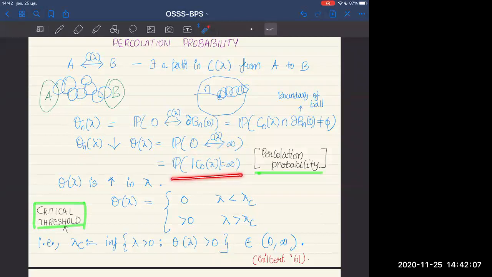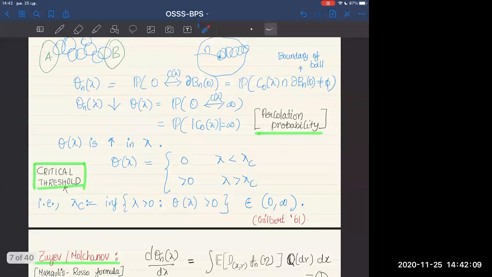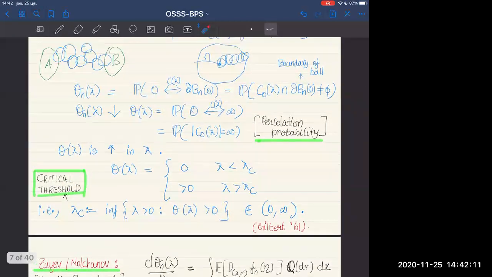This is the probability of percolation for me, theta of lambda. Clearly theta of lambda is increasing in lambda, as lambda determines how many points I have in the space. So immediately one can see that there is some lambda c below which it is 0 and above which it is positive.